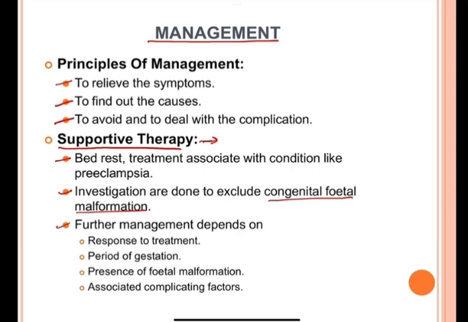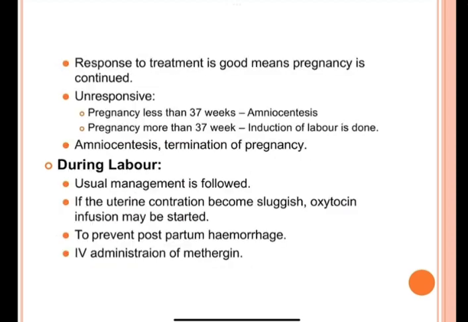Further management depends upon response to treatment, period of gestation, presence of fetal malformation, and associated complicating factors. If the patient is unresponsive and has 37 weeks of gestation, we have to do amniocentesis. Know what amniocentesis is? In amniocentesis, we actually withdraw some amniotic fluid from the amniotic cavity with the help of injection.